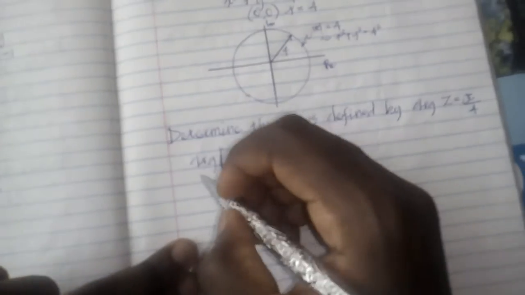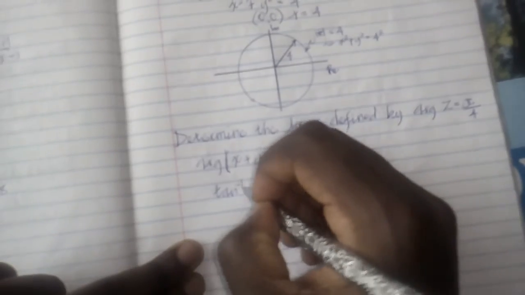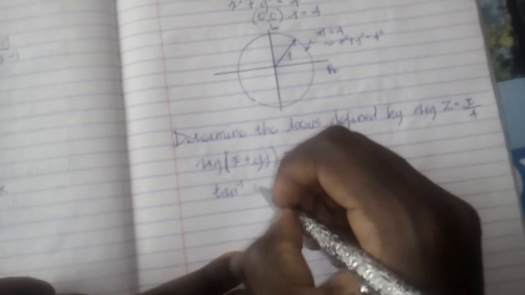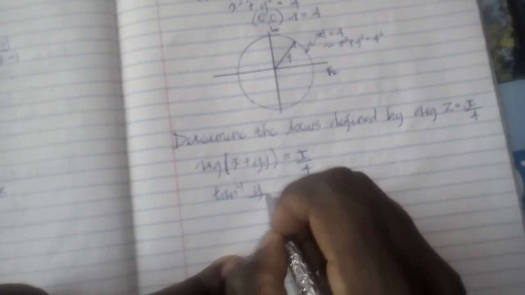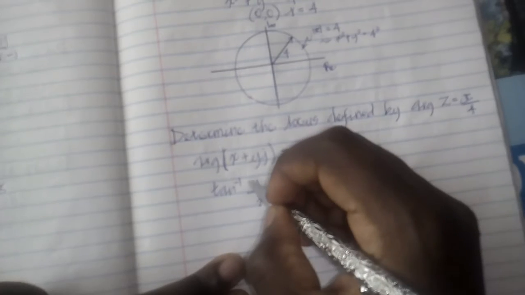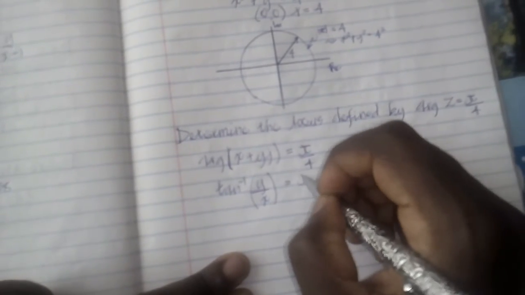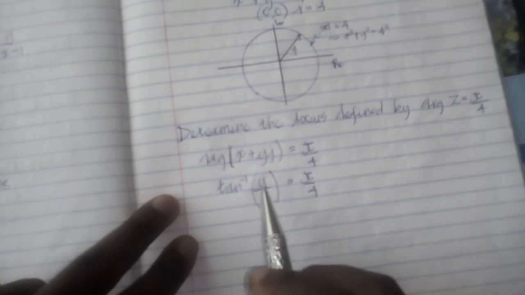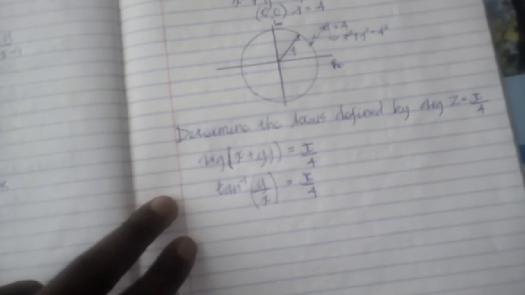Okay, now to get the argument of a complex number, we all know that it is the tan inverse of y, the imaginary part, over x, and that should give you pi over 4. From our previous knowledge, we know that to get the argument of a complex number, you need the tan inverse of the coefficient of the imaginary part over the real part.